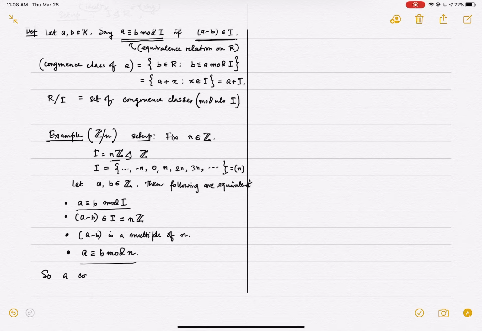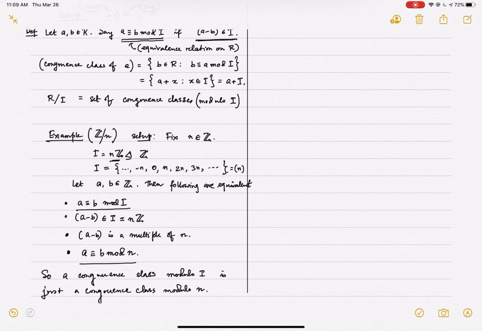So a congruence class modulo I is just a congruence class, the thing that we studied in detail again.